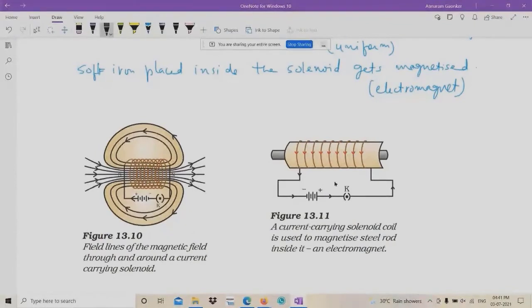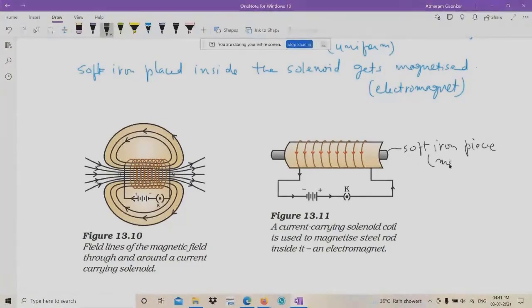So one more thing, if we place a soft iron piece inside this solenoid, this is the soft iron piece, which is placed inside the solenoid, and when current is passed through the coil, this soft iron piece becomes a magnet.